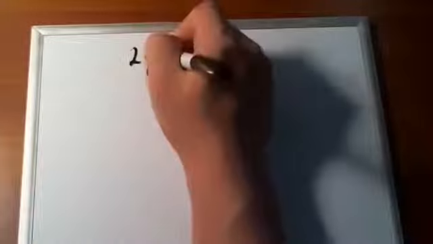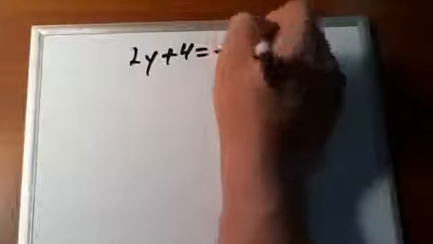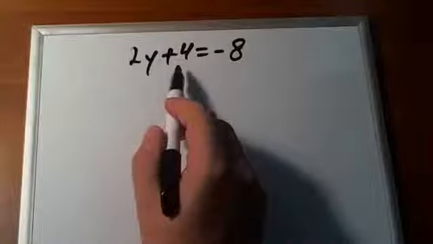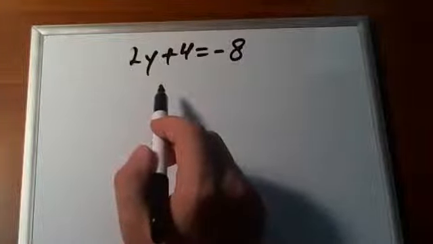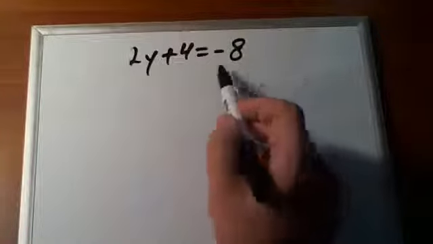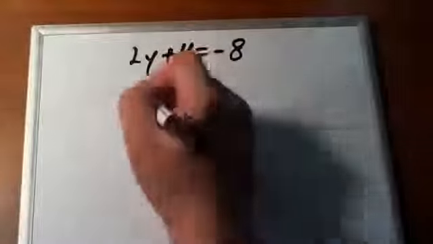Okay, let's look at the other example. 2y plus 4 is equal to negative 8. Again, the first step is to get rid of this 4. In order to get rid of this 4, we need to subtract 4 from this side, and subtract 4 from this side as well.